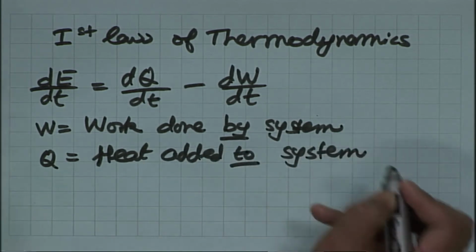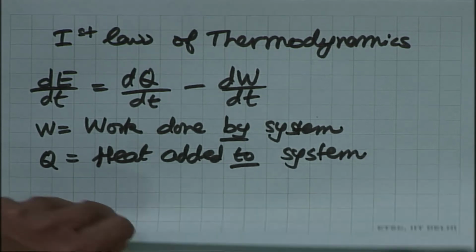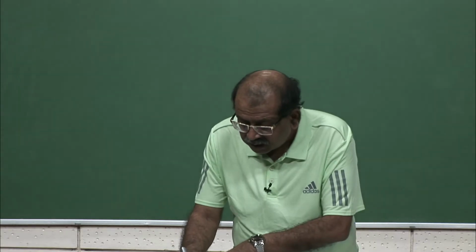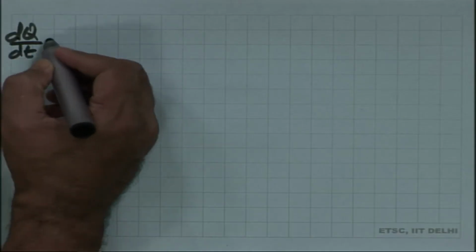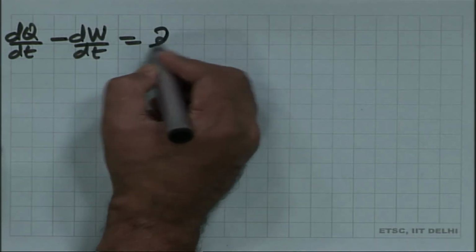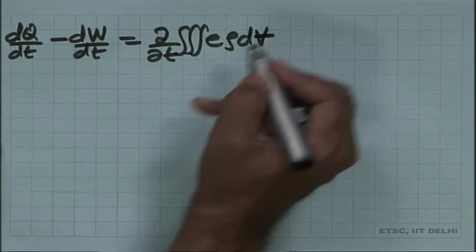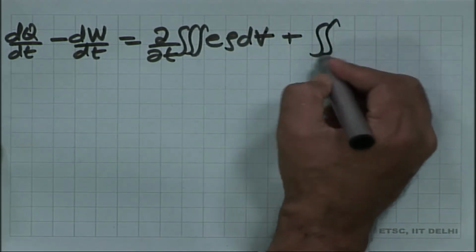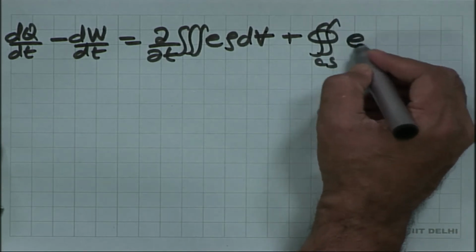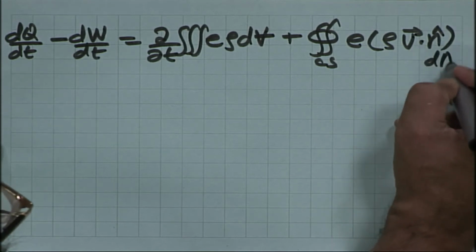So, given this, let us now apply this to the control volume, and when we do this, what we get is dQ by dt minus dW by dt is equal to partial by partial t of the integral of E rho dV plus the integral over the control surface of E times rho V dot n dA.